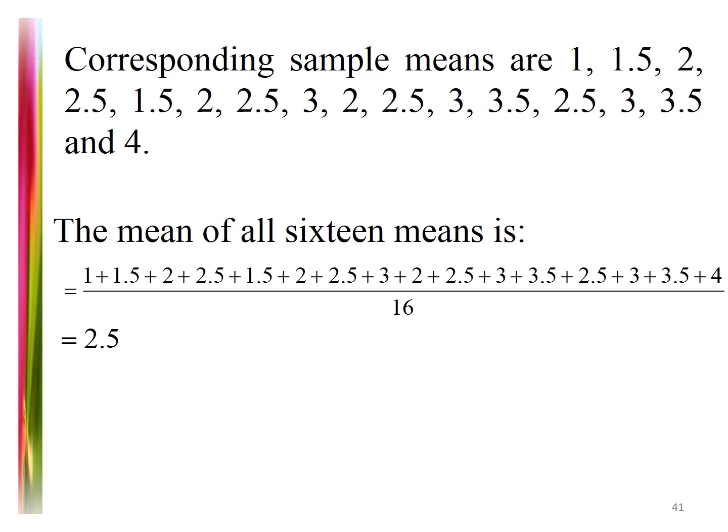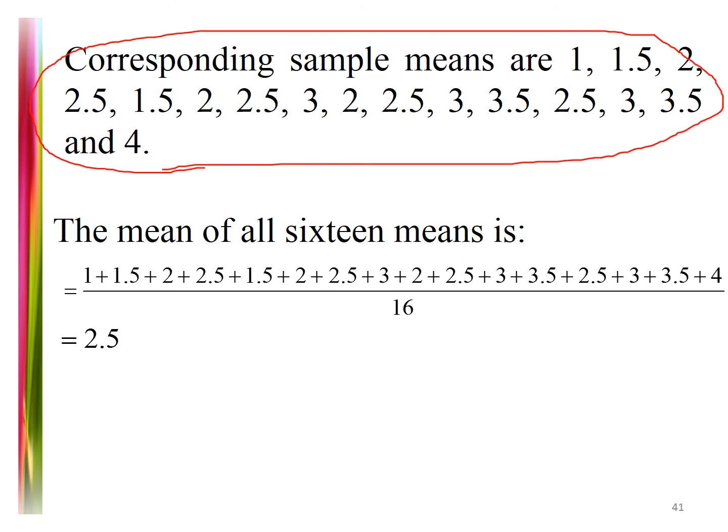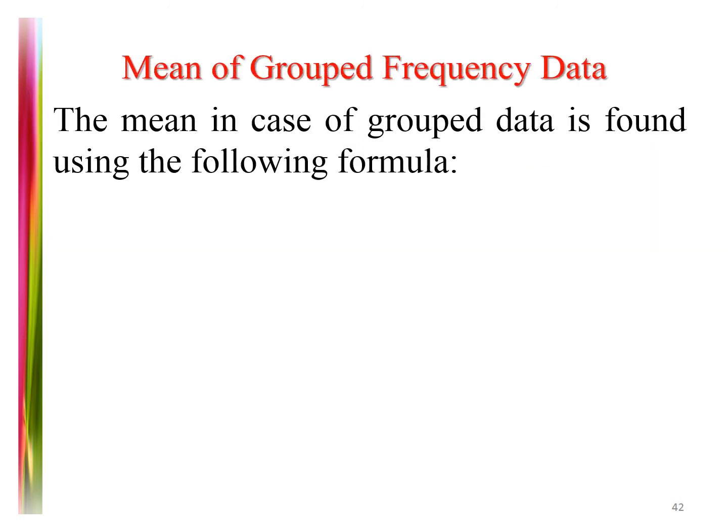So these are the corresponding sample means. Now if you calculate the average of these averages, that means the sum of all these observations divided by 16, it should be equal to 2.5. We already have the population mean also 2.5. So the average of the averages is also equal to 2.5. That's also a useful result.